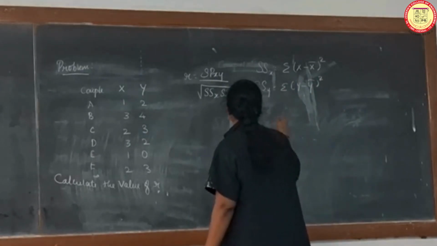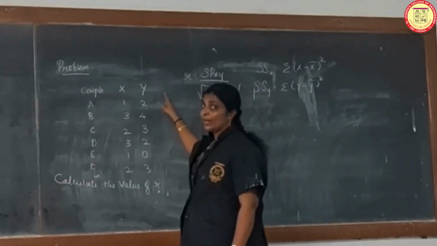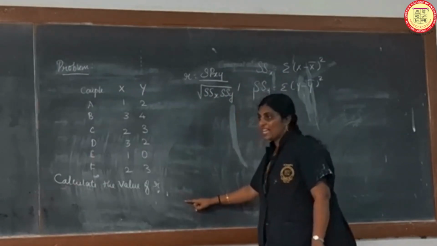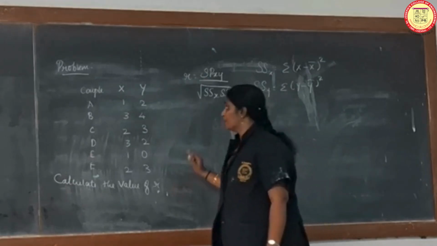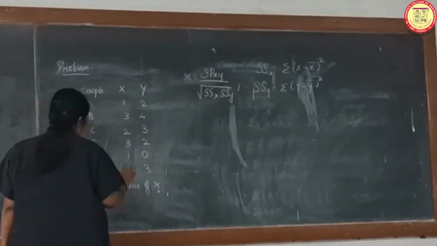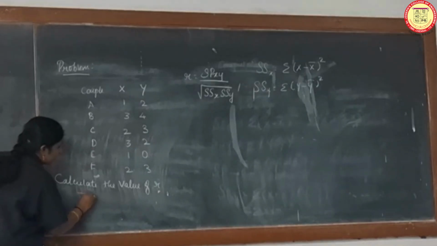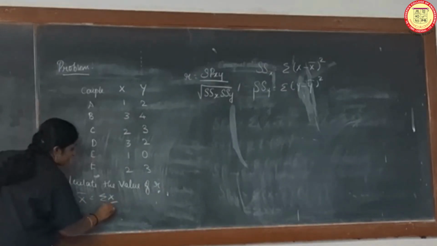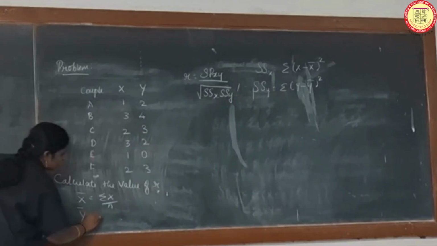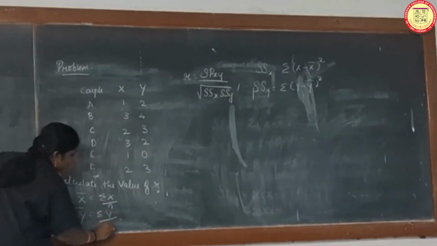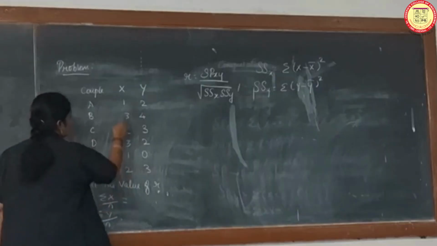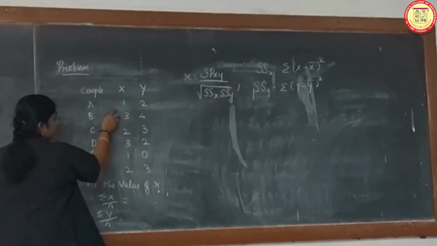For that, we first have to calculate the mean value of x and the mean value of y. So x bar is equal to summation x divided by n, and y bar is equal to summation y divided by n.